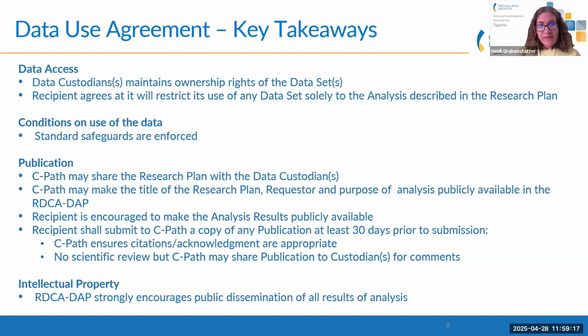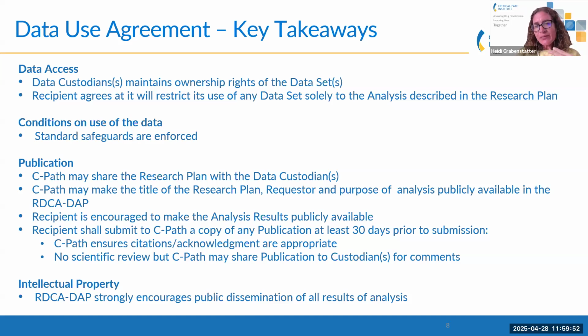And publication. C-Path may share the research plan with the data custodian if that's how the data custodian requests it be shared when the data request comes in. And the requester, and I've covered this, recipients shall submit, for example, within 30 days that citations and acknowledgements are appropriate.